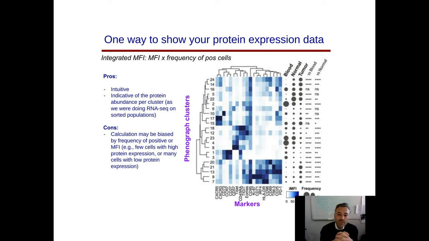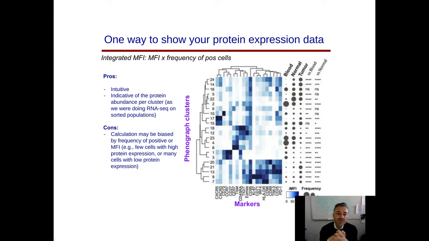So now we meta-cluster both the markers and the clusters. All the different markers and the different clusters are put together according to their similarities and differences. And the colors indicate the abundance of antigen expression. In this case, we used an approach that we imported again from Mario's lab called integrated MFI, which is just the MFI multiplied by the frequency of positive cells.